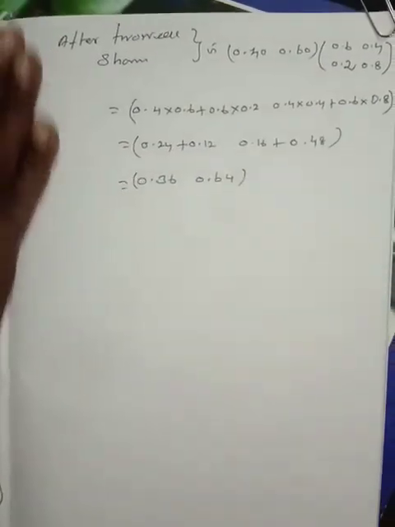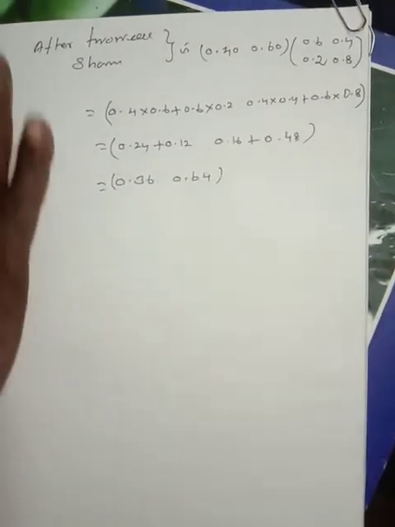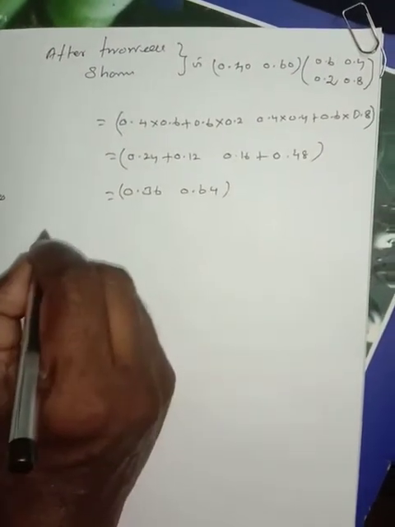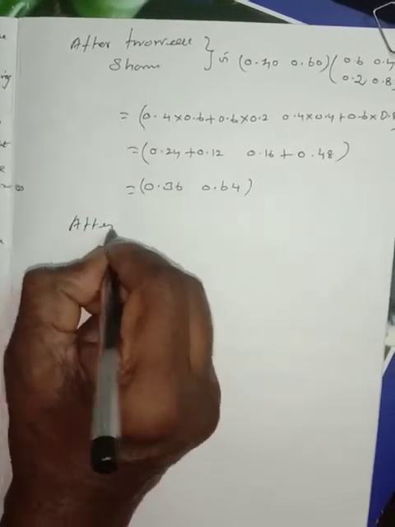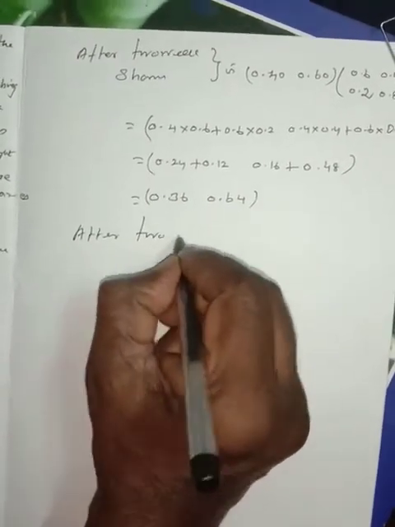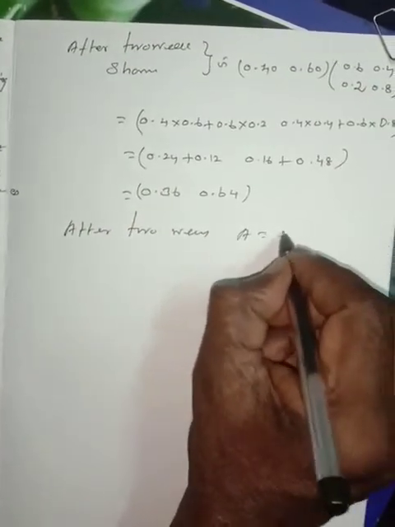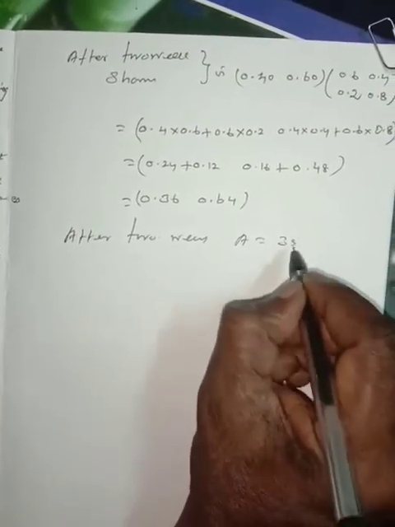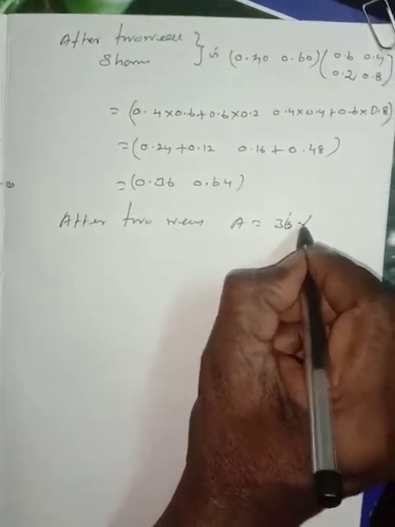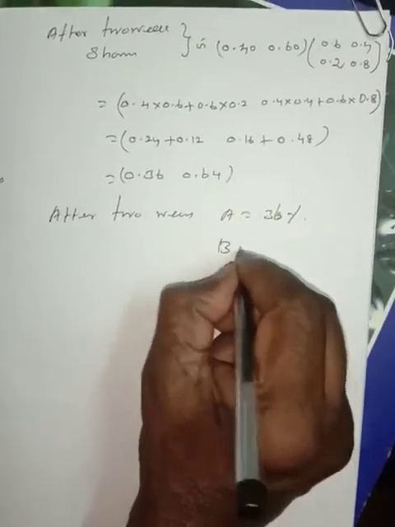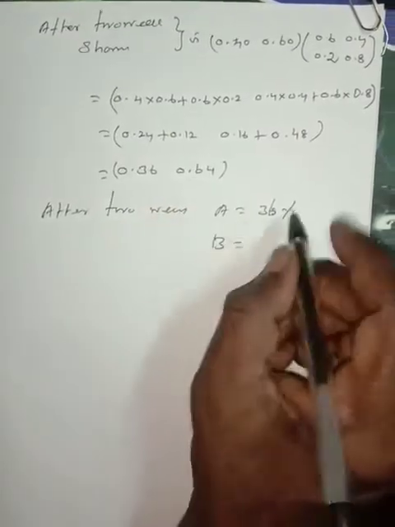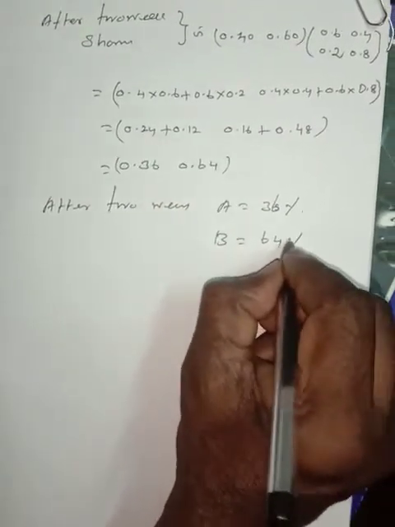In this case, after 2 weeks, A is 36 percent, B is 64 percent.